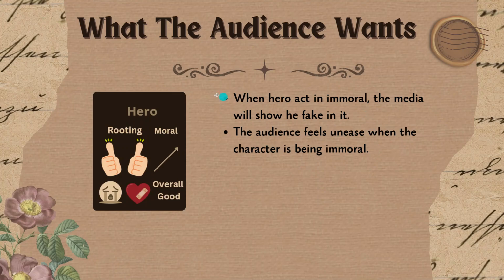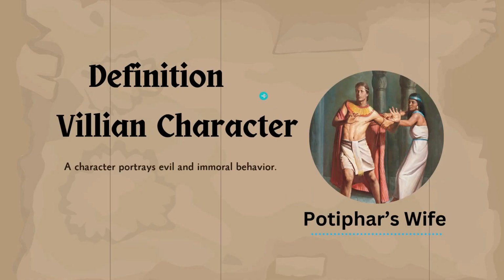Like in the Bible story, when Joseph is being mean to his brothers, he goes into another room and starts to cry. He feels bad about it. So when we read or watch the story about Joseph, we feel at ease. He's not being bad. He's faking it.